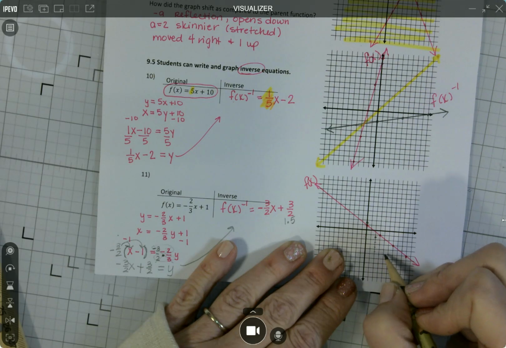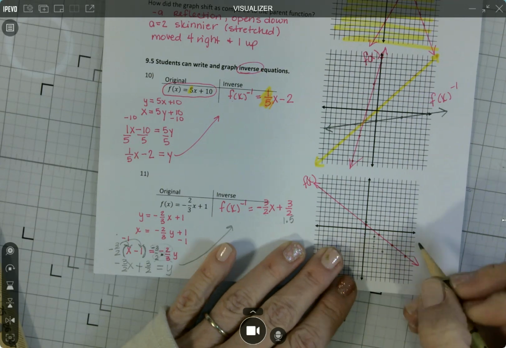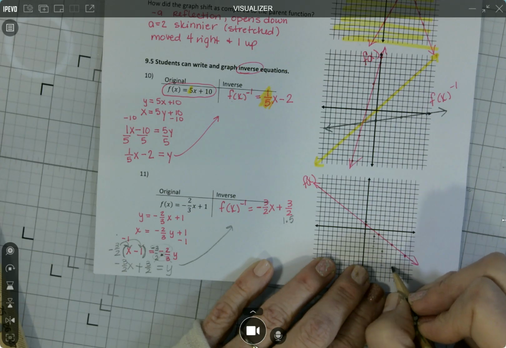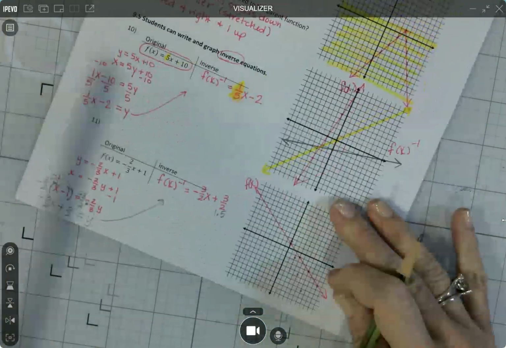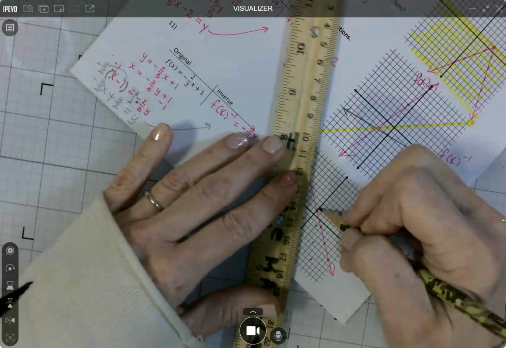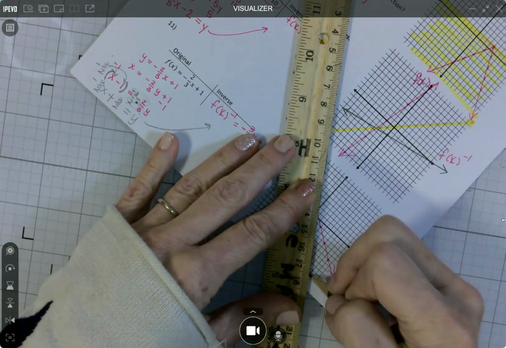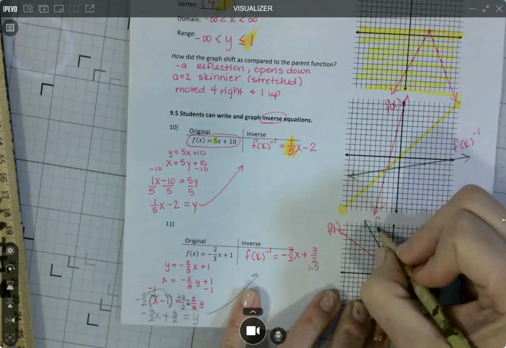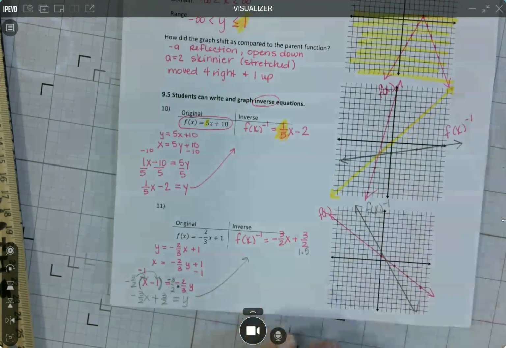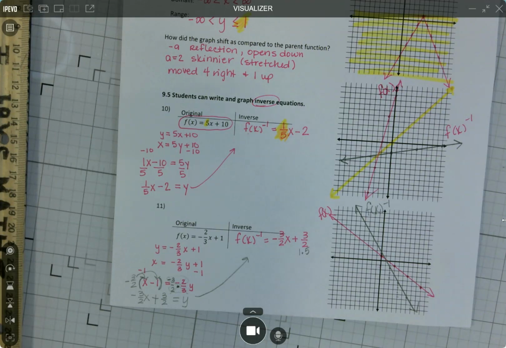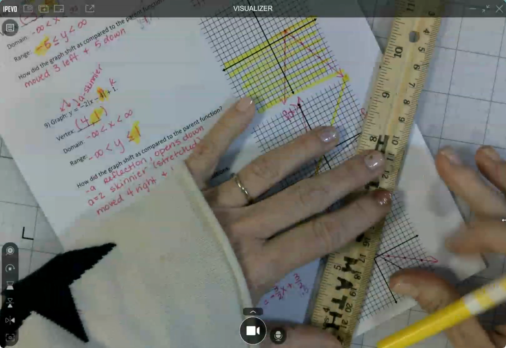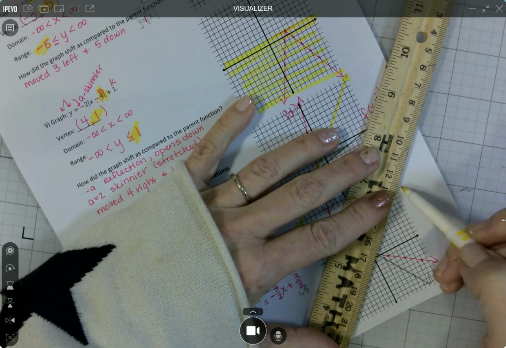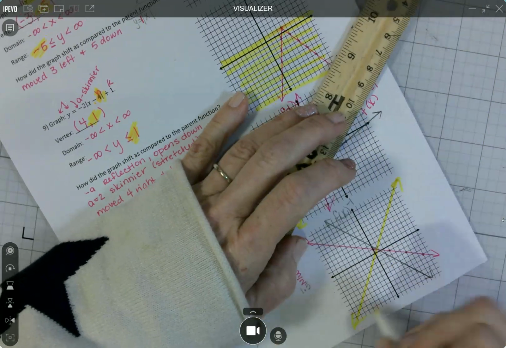1, 2, 3, and over 2. Okay? Got to be kind of careful with those. And then I'm going to have that. So this one is our inverse. Okay. All right. And then we still can draw our little thing here.